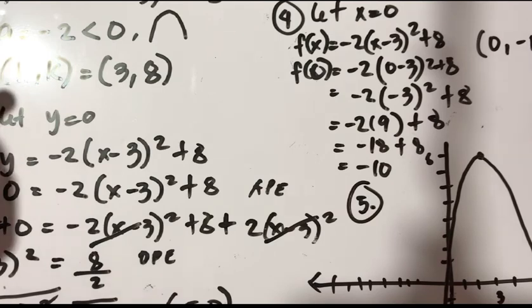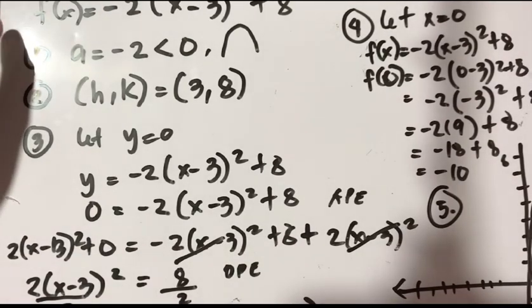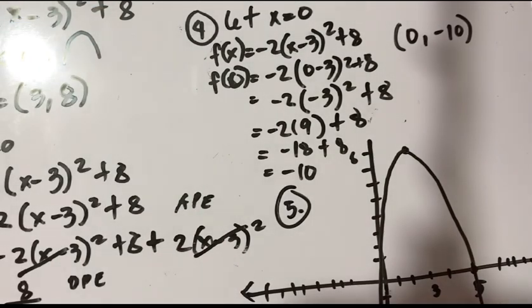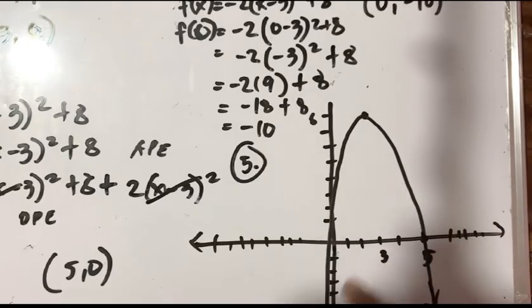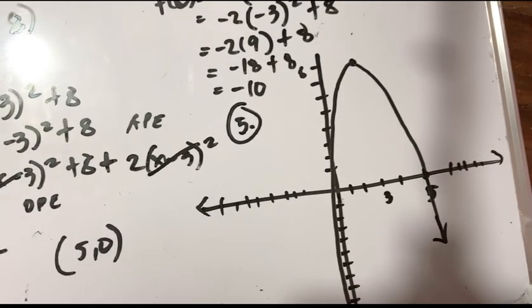So, this is how we graph the parabola. First is to identify whether the graph opens downward or upward. Second, get the vertex. Third, get the x-intercept. Fourth, get the y-intercept. And the fifth or last step is to plot the intercepts and the vertex. And then we connect these points, and voila, we already have our graph.